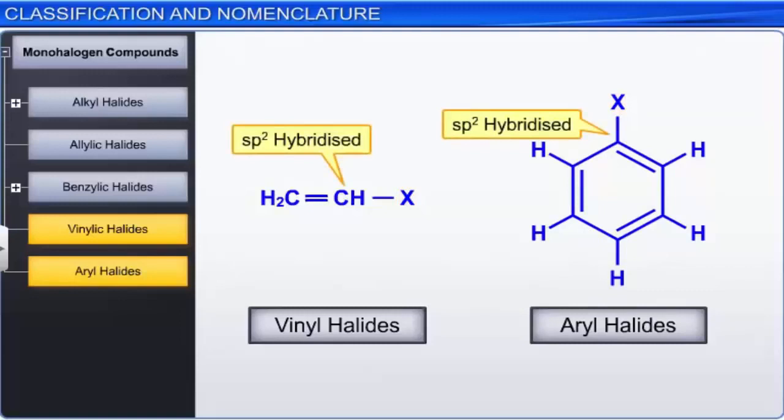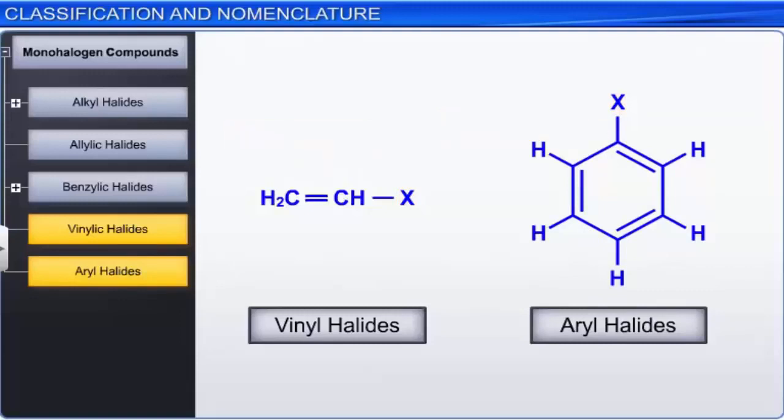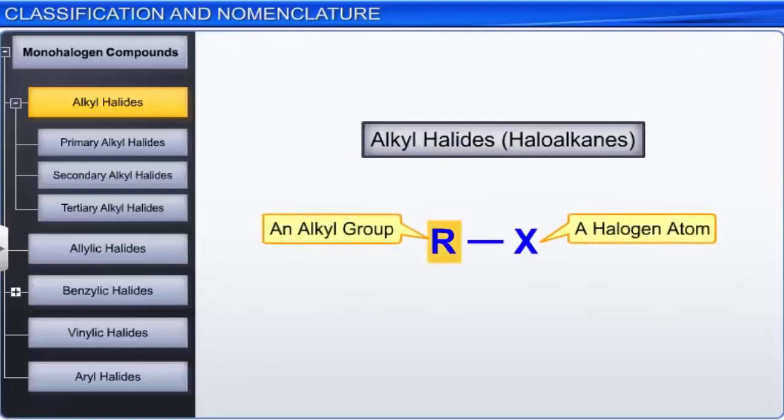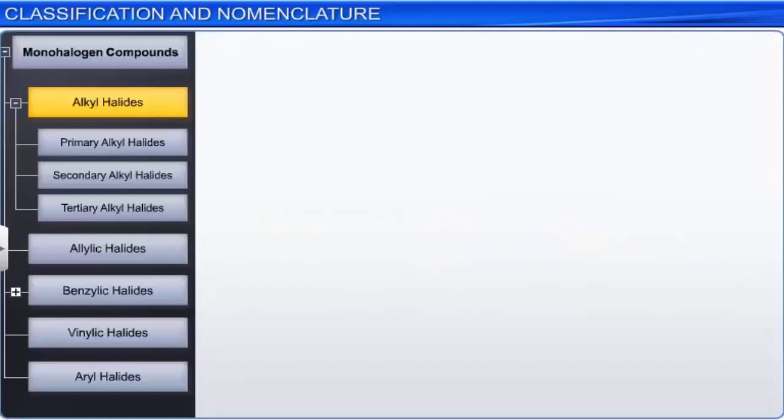We'll start with the alkyl halides, or haloalkanes, which have the general formula RX. R here represents an alkyl group. In these compounds, the halogen atom is bonded to an sp3 hybridized carbon atom.